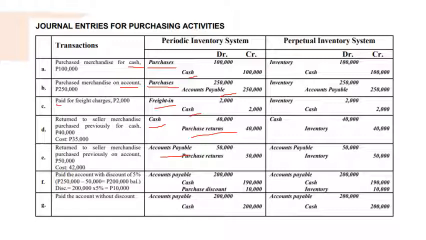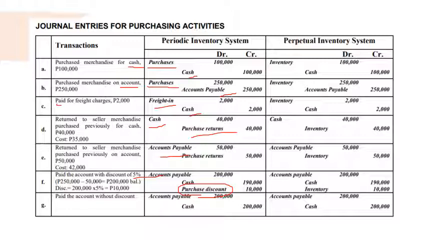Next would be payment of the accounts payable. For example, we pay the account with a discount of 5%. If there is a discount, there should be a purchase discount account title. To record the payment, we debit accounts payable, credit cash, and credit the purchase discount.